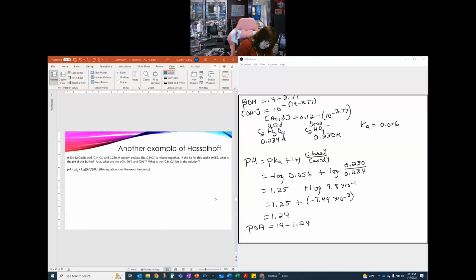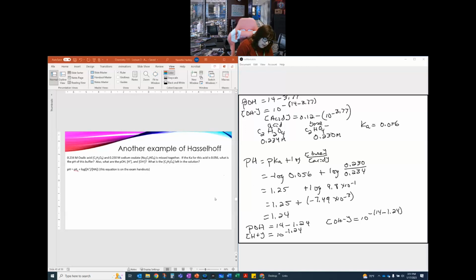The H plus is going to equal 10 to the negative 1.24. The OH minus is going to equal 10 to the negative (14 minus 1.24).